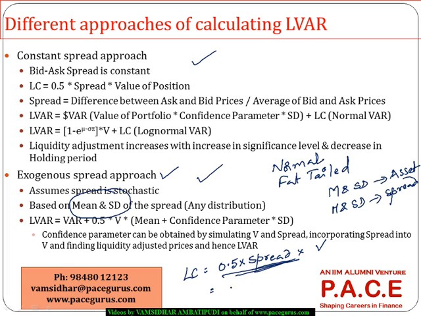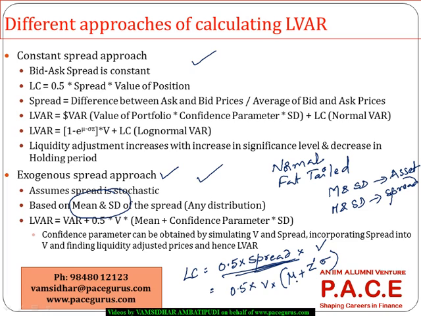But here, instead of taking the spread as it is, we take 0.5 times V times the mean plus Z dash times the standard deviation of the spread.